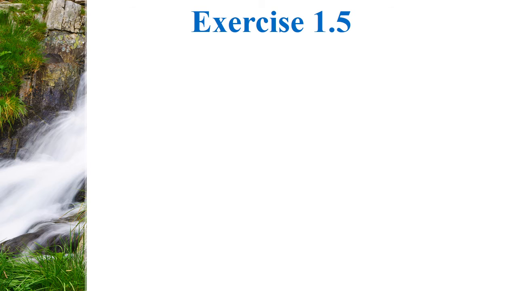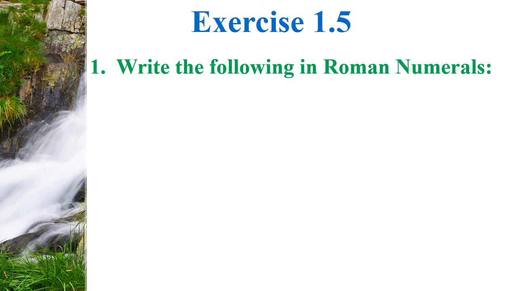Now coming to exercise 1.5, the first one, write the following in Roman numerals. The given Hindu Arabic number is 8. So now we follow some steps. First one, write the expanded form.